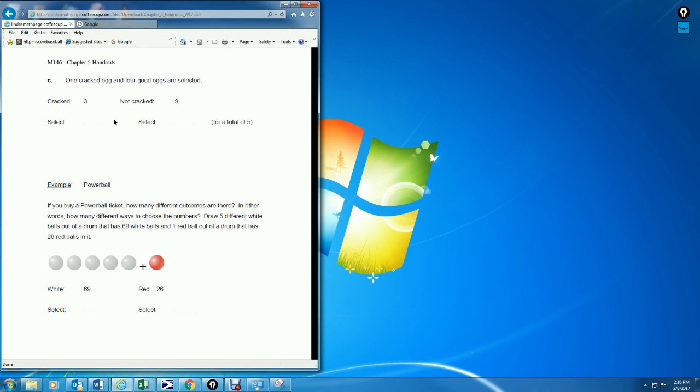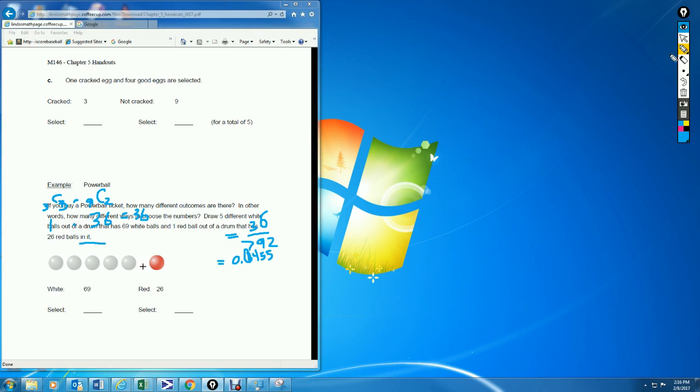Well, again, keeping in mind that there are a total of 3 cracked eggs, and we want to choose one of them, okay? So the number of ways to select that, so out of 3, I want to choose 1. And then not cracked eggs, so in other words, I want to choose 4 good eggs. So out of the 9, I want to choose 4.